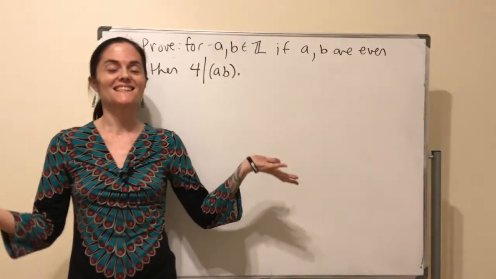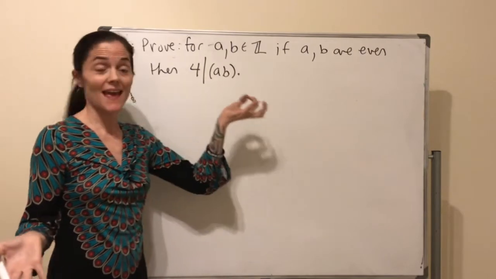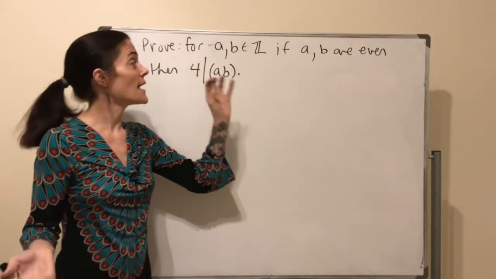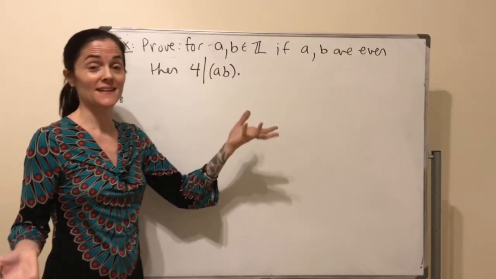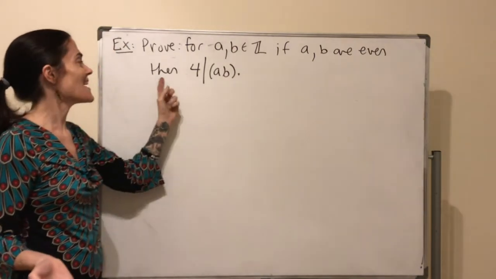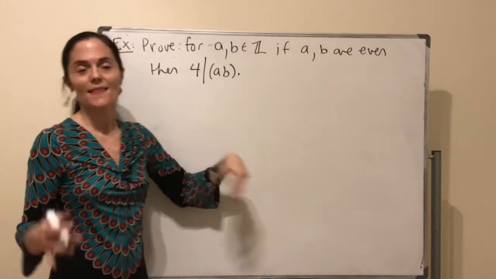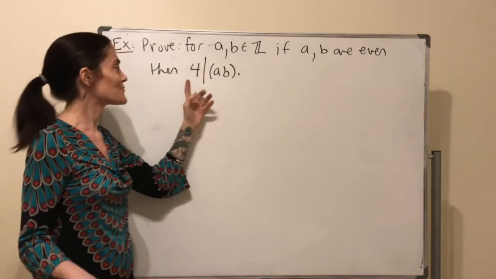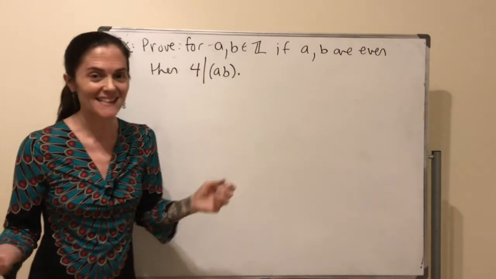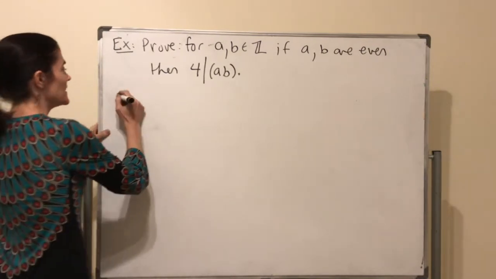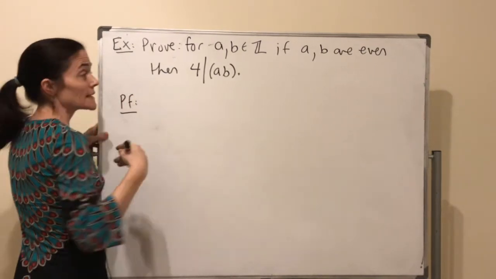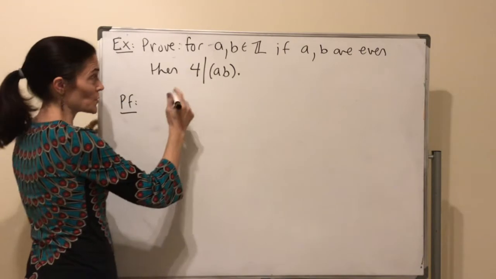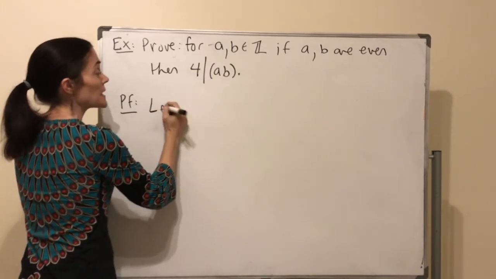Here's my next example. For integers a and b, if a and b are even, this means they're both even, then 4 divides the product, a times b. So we have not only even in this, we get to remember the divides definition. Proof. Well, again, direct proof. We assume a and b are both even.